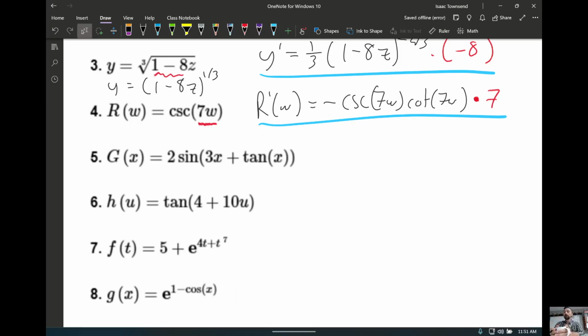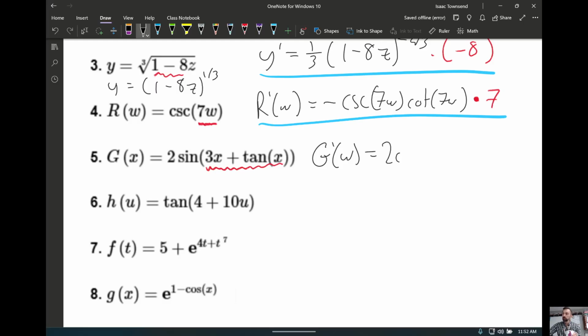Okay, on question 5, what part of question 5 looks like the inner part to you? Maybe we just underline that. What's being plugged into something else? Okay, I agree. 3x plus tangent x, that's the inside. So your first thing is to take the derivative of the outside, which is 2 sine of something.